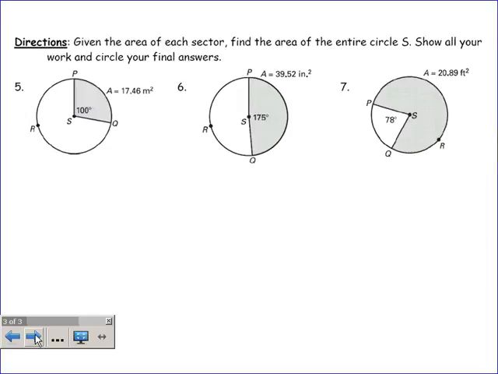Okay? Numbers 5, 6, and 7 are working backwards. So we need to be cognizant of this whole idea here. So we basically say 17.46 is going to equal, our circle fraction is going to be 100 over 360 times pi r squared.